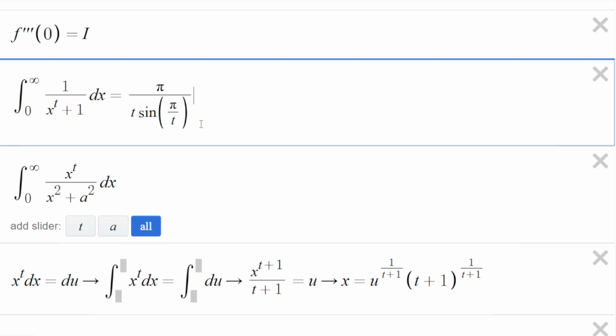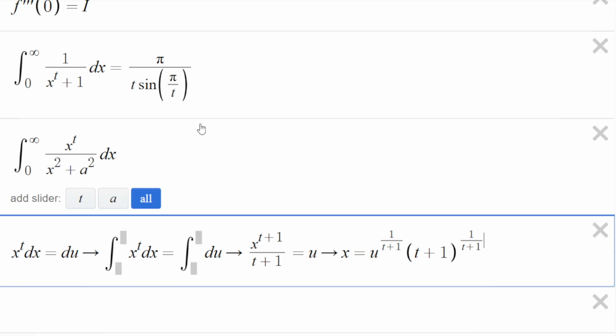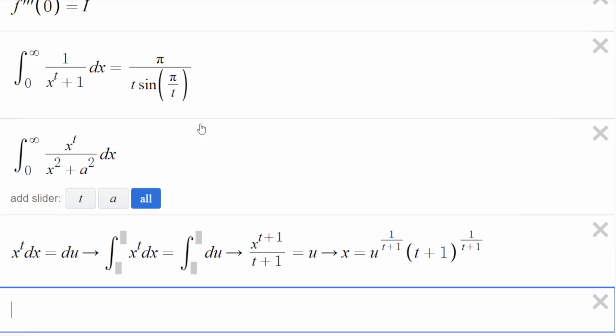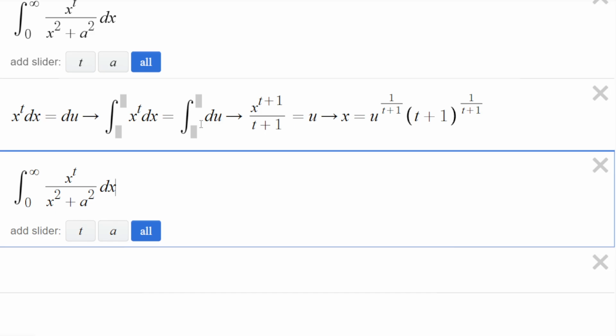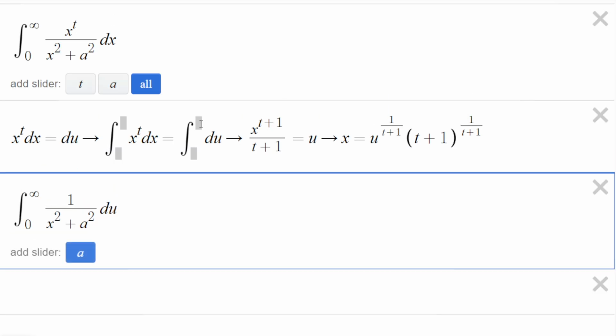Great. So now let's put this into here. Let's use that substitution. So x to the t dx was specifically tailor-made to be du. Oh, but what about our bounds of integration? They're not going to change.